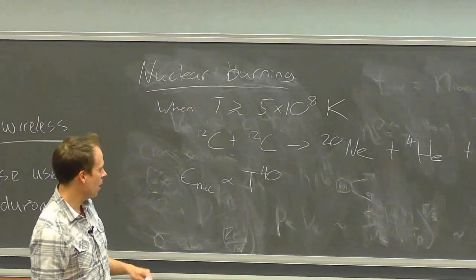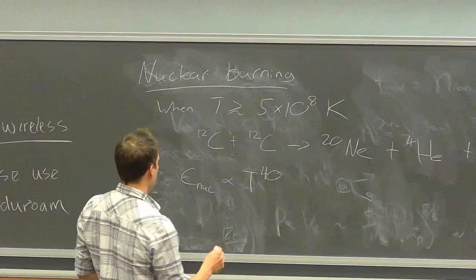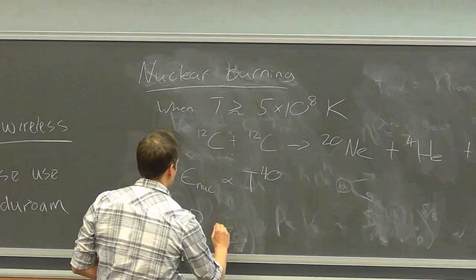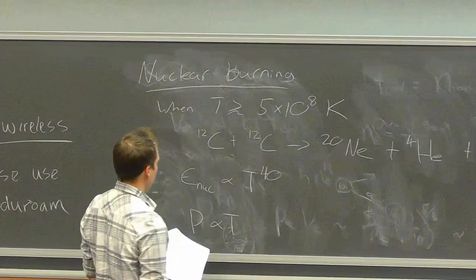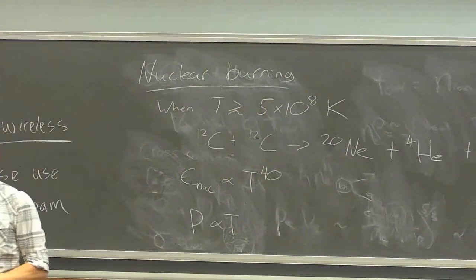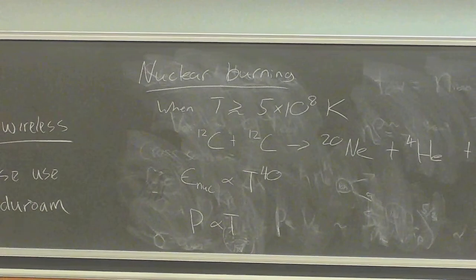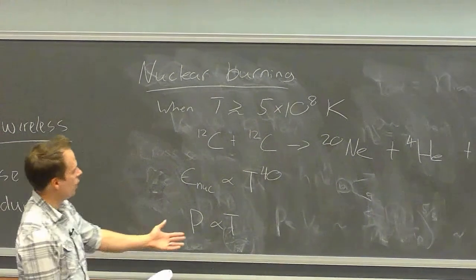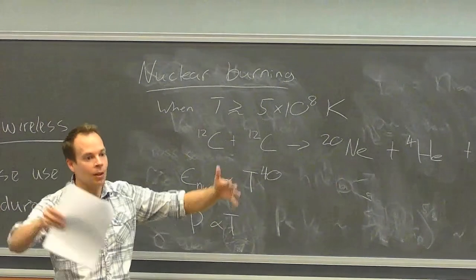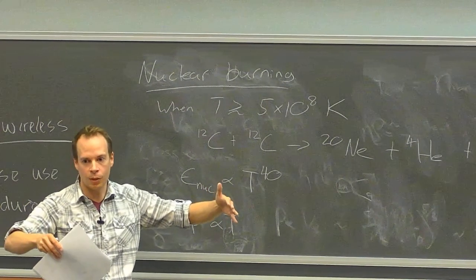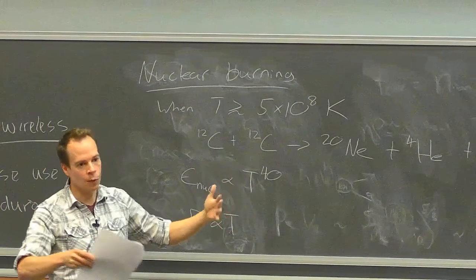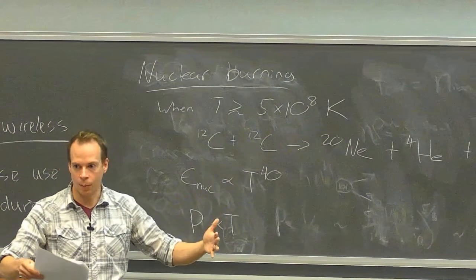What a star like the sun does when that happens, a star that's supported by gas pressure, where the pressure is proportional to the temperature for an ideal gas, is that if the pressure increases, the star expands, and that causes it to cool off a little bit, just from adiabatic expansion. So that's how a normal star regulates its temperature, and it finds an equilibrium.